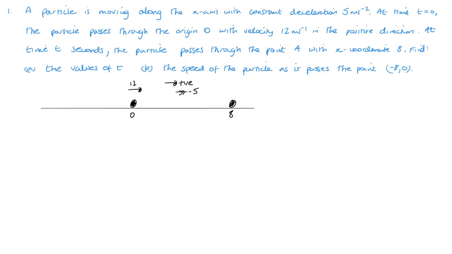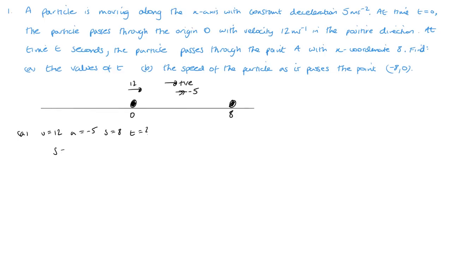And that is what we're looking at, going towards that 8, and we need to find t. So for part A, we know u equals 12, a equals -5, we know that s equals 8, and t we want to find. So what formula has these 4?